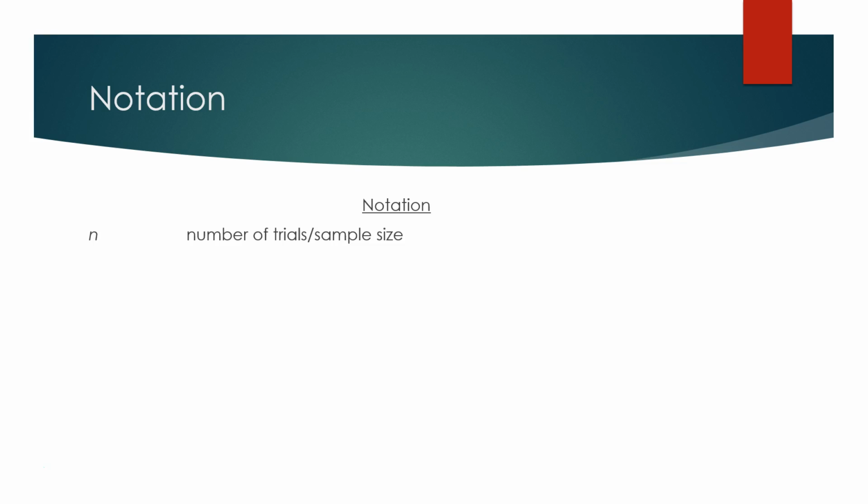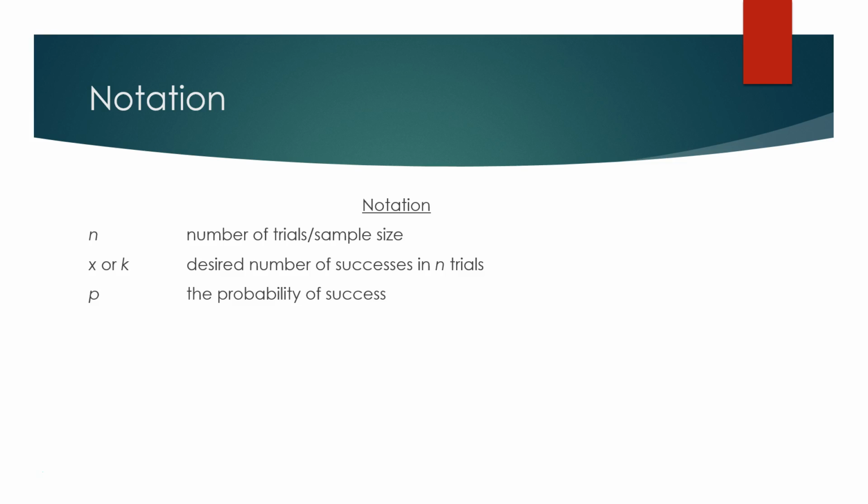So the first one is N, which is the number of trials or sample size. So this one we've seen a little bit, but not formally. X or K is the desired number of successes in N trials. I've used both X and K, and depending on if you Google it, you will see either one. I like to make a point to mention that it could be either one just because they are both very common.